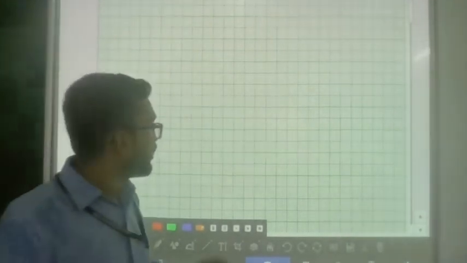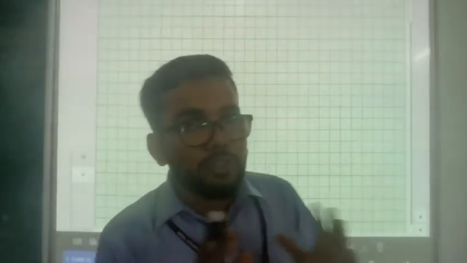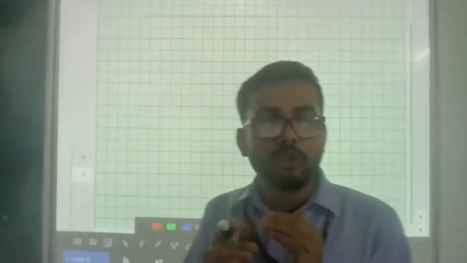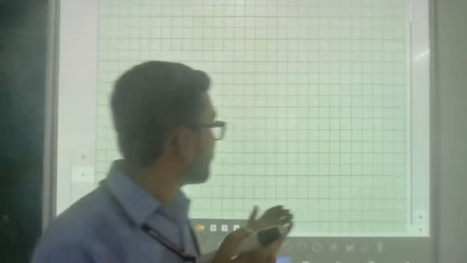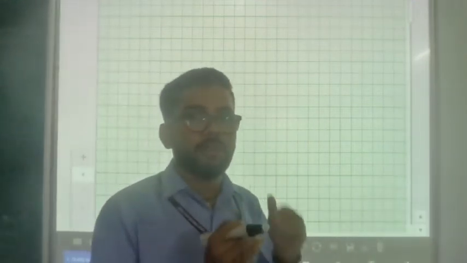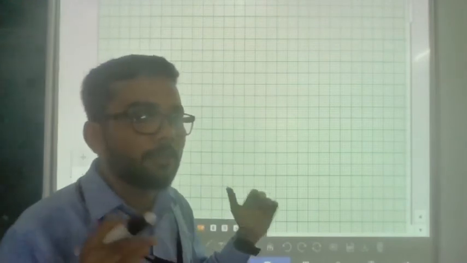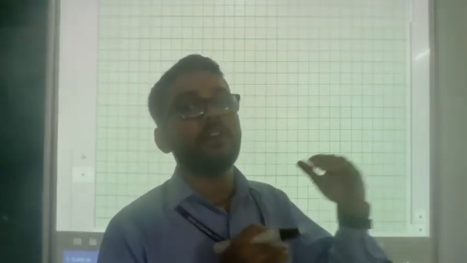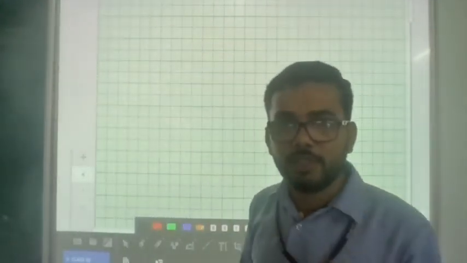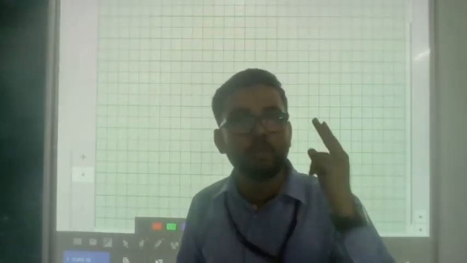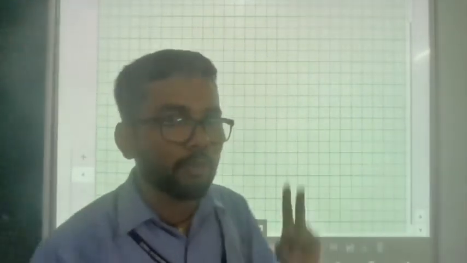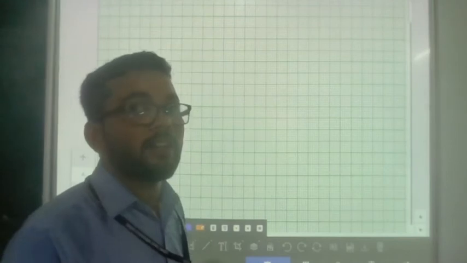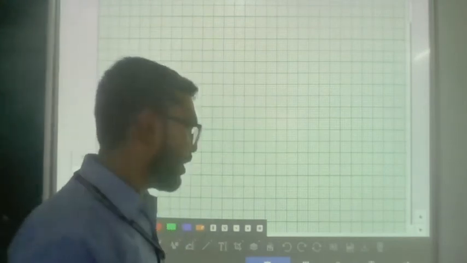Here, because we are learning about the pair of linear equations, when we draw a graph for two linear equations, we will get two straight lines.